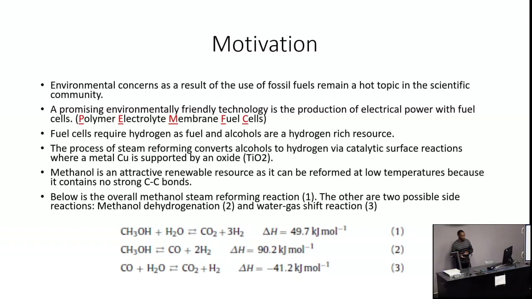A side reaction is the methanol decomposition reaction, in which methanol is decomposed into carbon monoxide and hydrogen. Another side reaction that you can get hydrogen from is the water-gas shift reaction, the last reaction, in which carbon monoxide and water react with each other to form carbon dioxide and hydrogen.